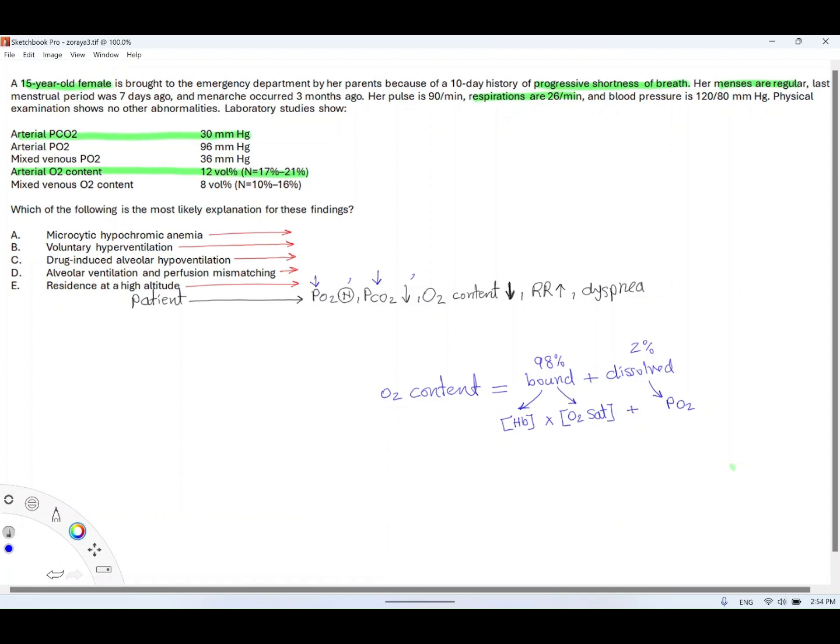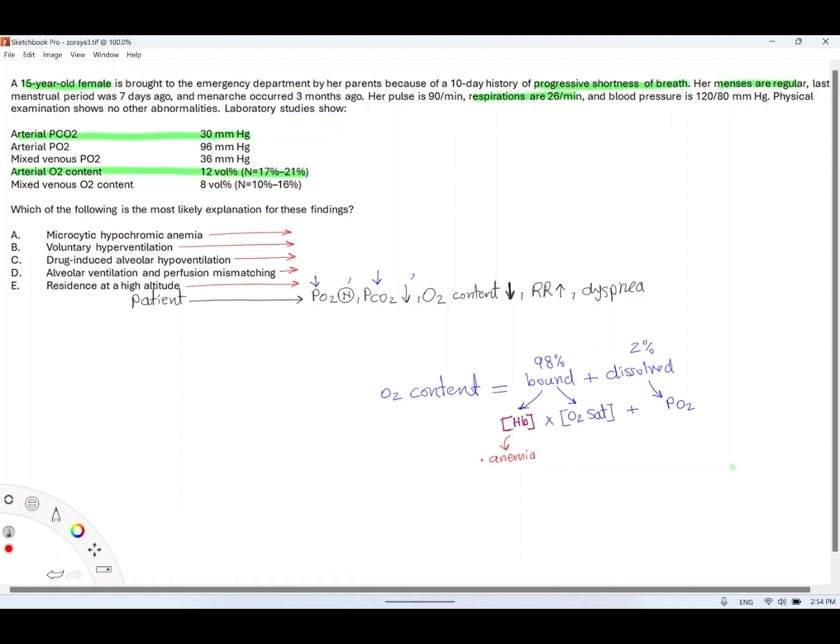Let's go over hemoglobin concentration first. What factors could affect hemoglobin concentration? Well, anemias. Remember, in thalassemia there is a genetic defect in hemoglobin that could affect it.